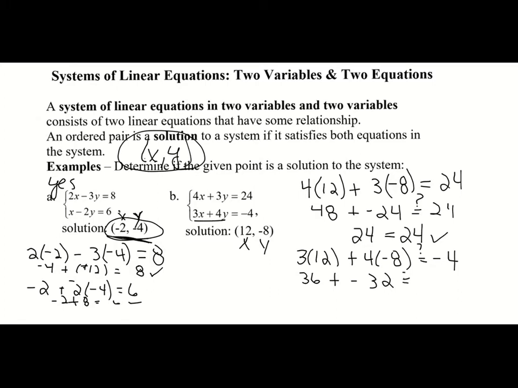And we want to know, again, does it equal -4? I know 36 plus -32, that's going to be a 4. And 4 does not equal -4. So this ordered pair worked for one of our problems, but not the other. It has to work for both in order to be a solution to the system. So this is not a solution.